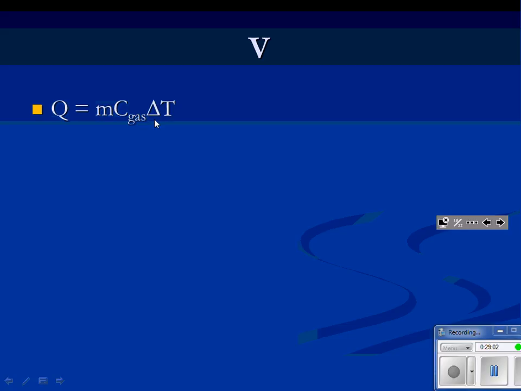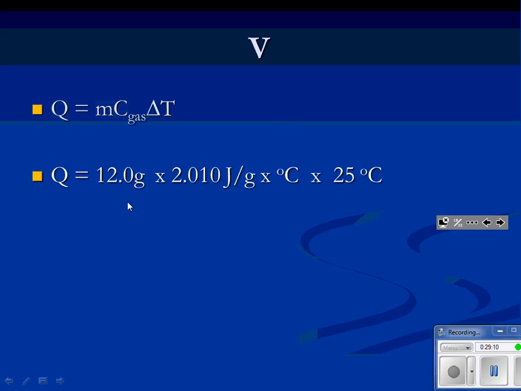So 125 degrees Celsius minus 100 degrees Celsius is going to give me 25 degrees Celsius. So when I look at my values, 12.0 grams, 2.010, and 25, I multiply those together and I get 603 joules.